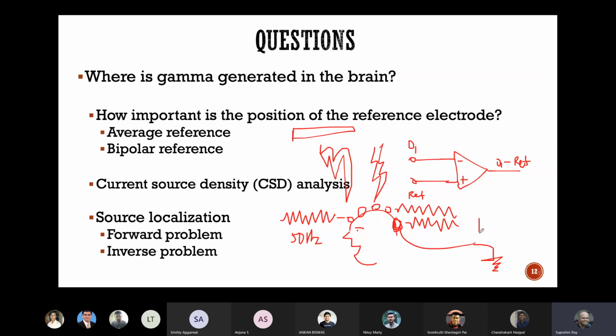Not only this, our device, in this case a preamplifier, also picks up electromagnetic radiation. So we also connect this to the ground.